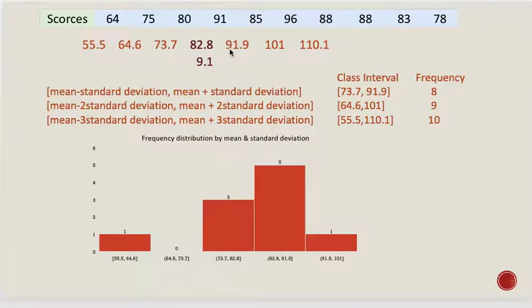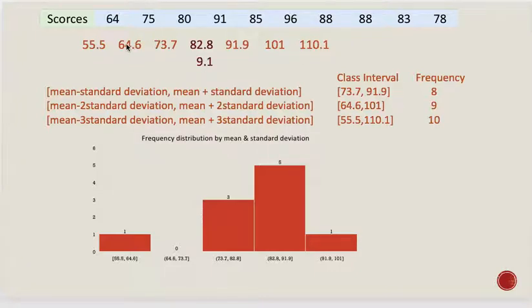We got this number, 91.9, and we set another boundary at the mean plus 2 standard deviations. We got this number, 101, and the third boundary is the mean plus 3 standard deviations. We got this number.